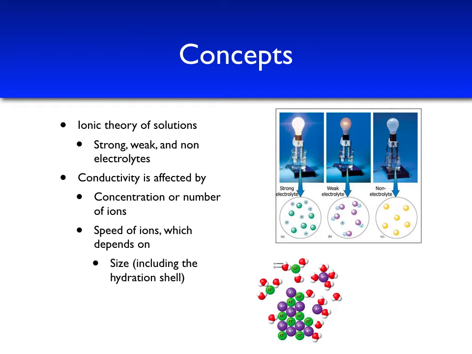When looking at how fast the ion can move, we also want to look at how big that hydration shell is. It turns out hydration shell size depends on something called the charge density of the ion, which depends on the size of the ion and, of course, its charge.